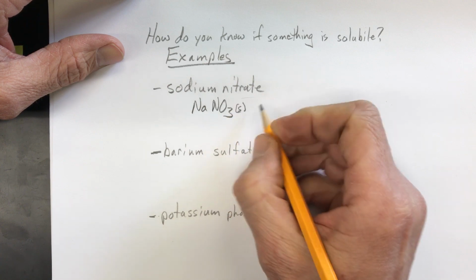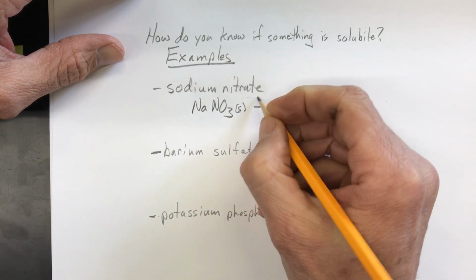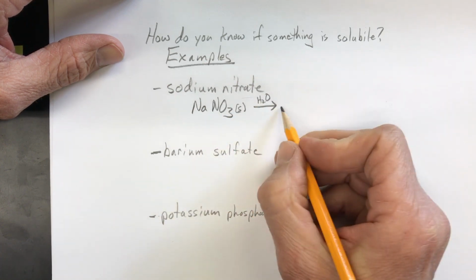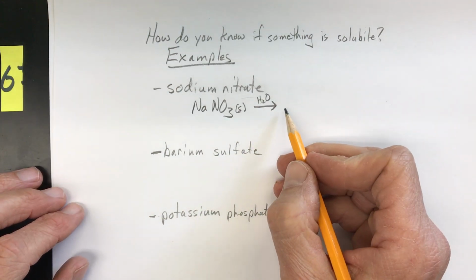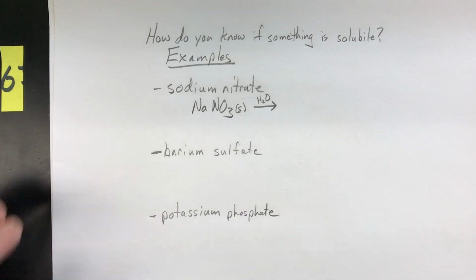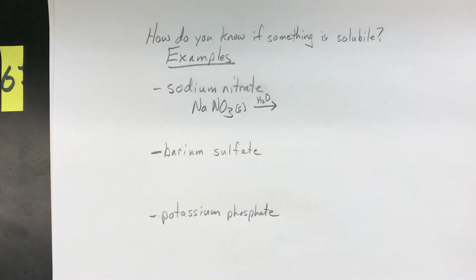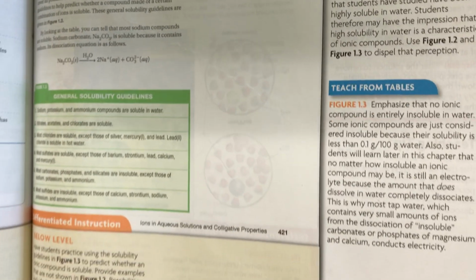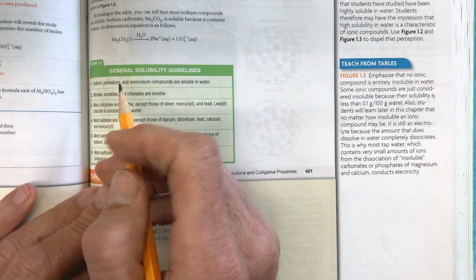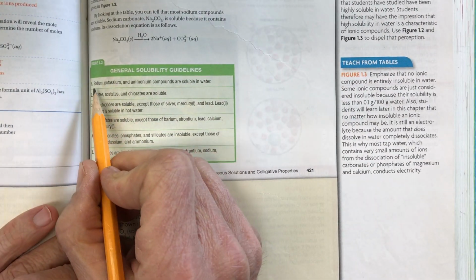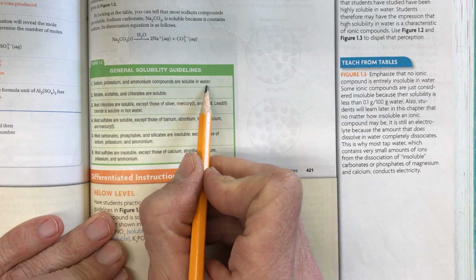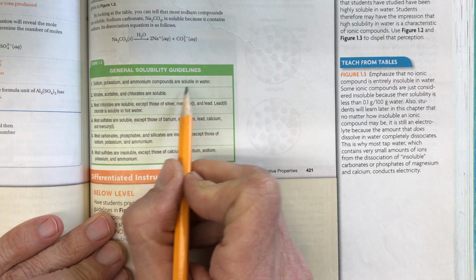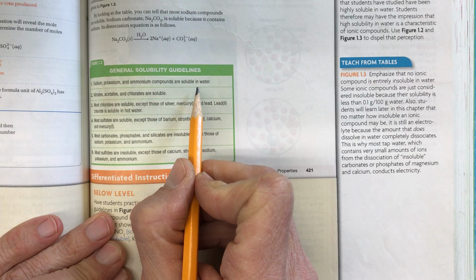At this point, it's a solid. We're going to mix it with water. Does it dissolve or does it stay as a solid? We're going to look at our chart here. And guideline number 1 says sodium compounds are soluble in water. Notice there's no ifs, ands, or buts about it.